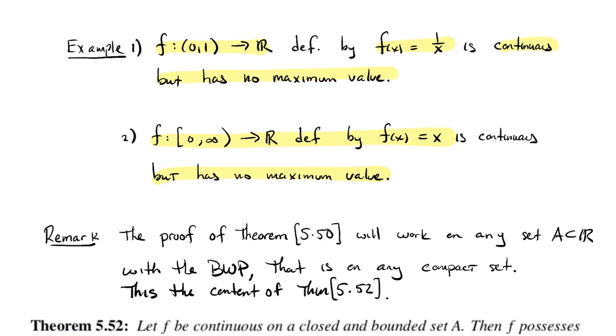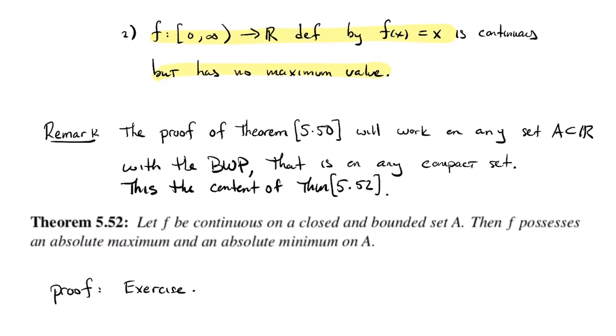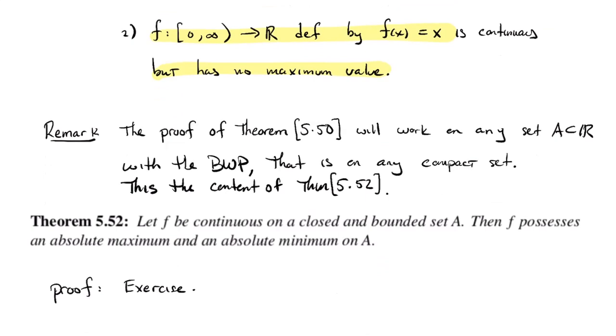Okay. So here, the end I wanted to say is that, as before, I'm stating and proving all of this for closed bounded intervals, but really the crucial ingredient was invoking the Bolzano-Weierstrass property, that a sequence has a convergent subsequence whose limit is in the set. That Bolzano-Weierstrass property is valid on any closed bounded set, that is, on any compact subset of the real line.